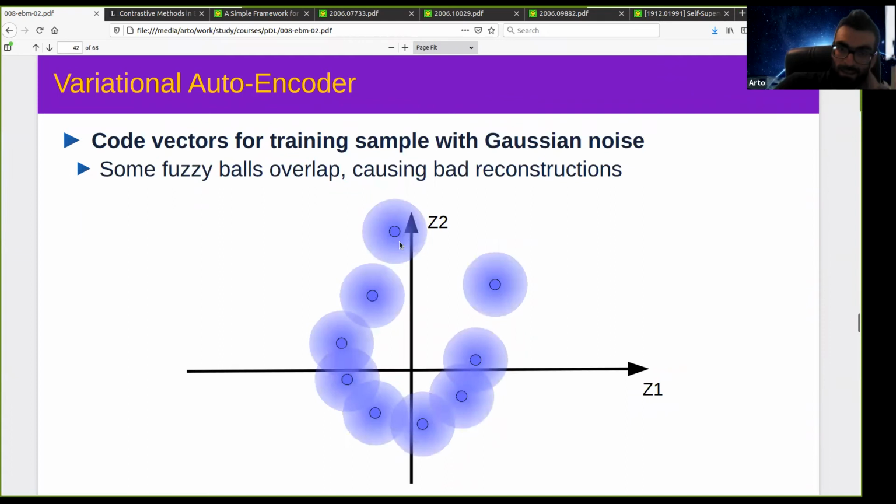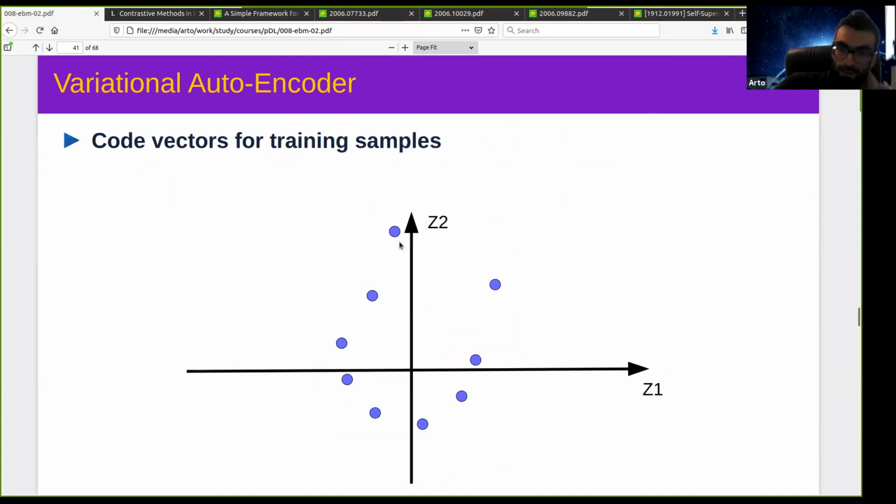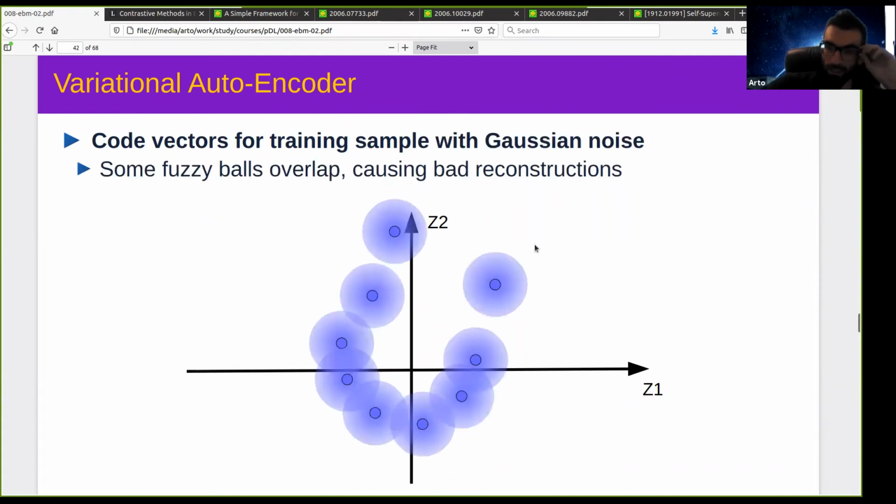Actually, the outputs of the encoder would be means and variances for z here, and then for each data point, instead of providing a single point z, we will sample from this bulb here.